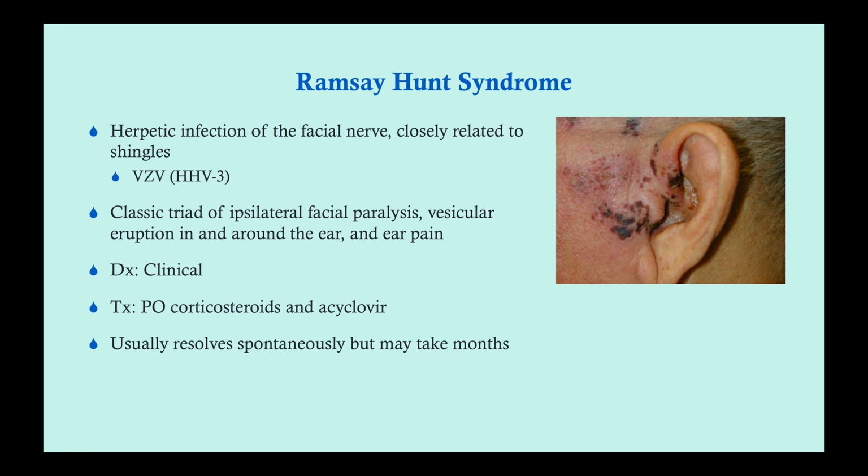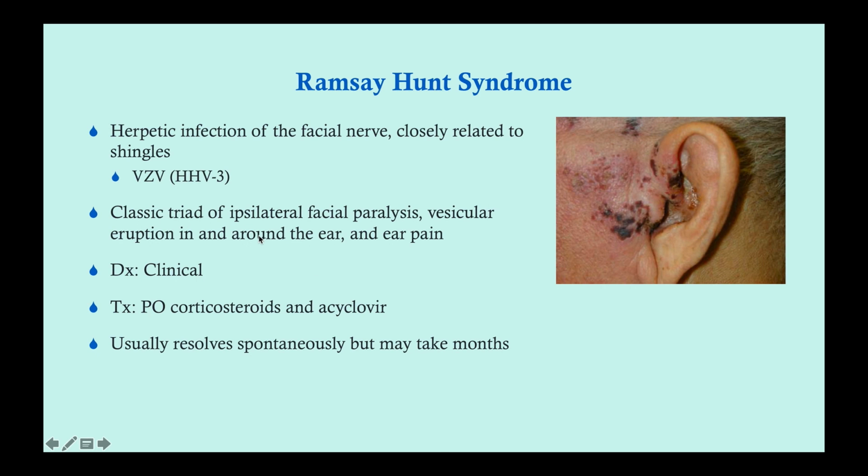It's only going to be on one side, because remember, it's a shingles-like illness. There's also an accompanying ipsilateral facial palsy, so everything's going to be on one side. And this is a lower motor neuron facial palsy, so it affects the entire side of the face. It is caused by varicella zoster virus, also known as HHV3. This is the virus that causes chickenpox, so very similar to shingles.